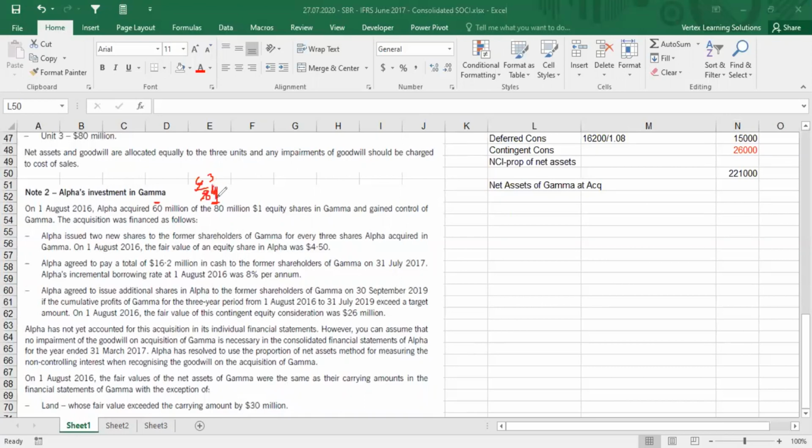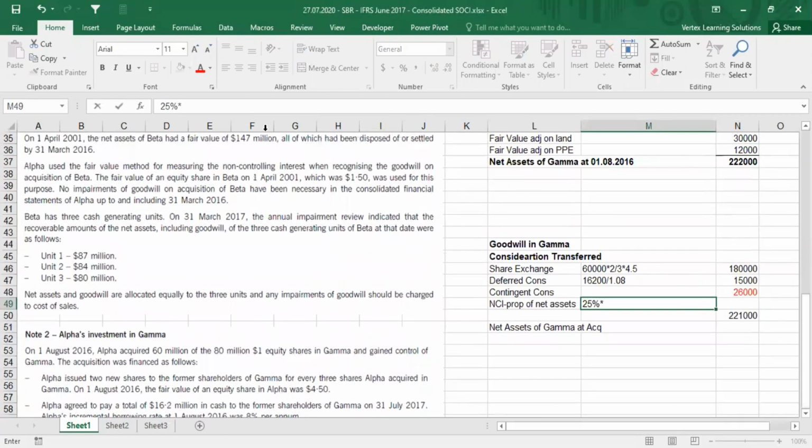Parent is getting 3 by 4. So NCI is 1 by 4. 1 by 4 means 25%. So 25% is the value of NCI. So I would say 25% multiplied by 222,000. So this is the value of NCI.